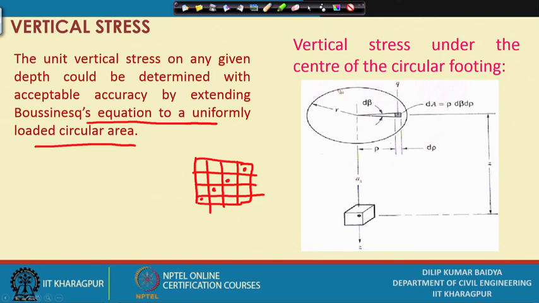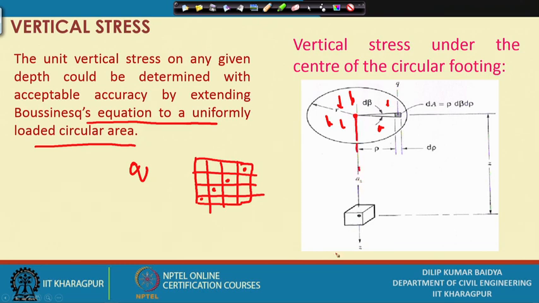Suppose this is a circular area and it is loaded uniformly with, say, an intensity of pressure Q. If this is the loading area with Q applied throughout, we can visualize that the stress intensity will be maximum below the center of the footing.